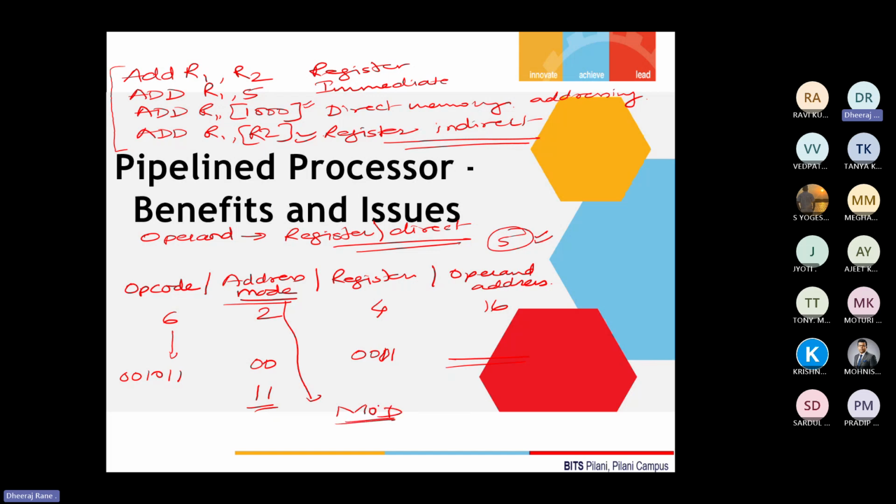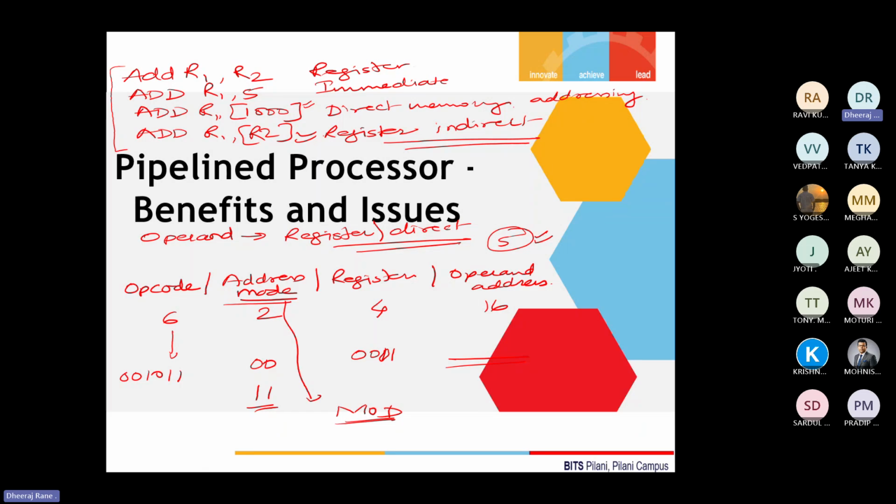If you see the PDF that I have shared corresponding to the architecture, you will come to know that within MOD, 00 is for memory, 01 is for memory and indirect mode, and so on. That way you can have a look at the various options corresponding to the addressing mode.